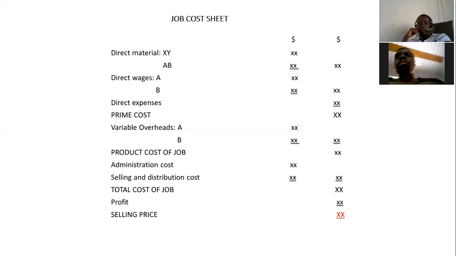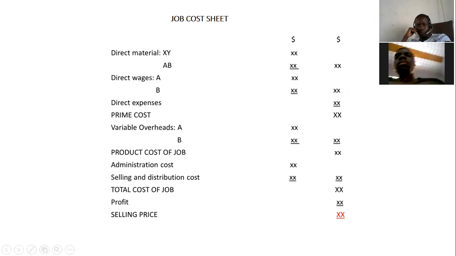So for A, you have to record that figure. Then for B, you do the same. You sum these two up, then you send the final figure to the last column.